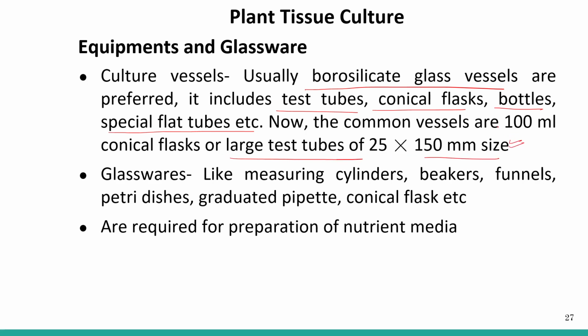So this is some of the common types of vessel which we require in the plant tissue culture laboratory. Glassware like measuring cylinders, beakers, funnels, petri dishes, graduated pipettes, conical flasks, etc. are also required. Okay.